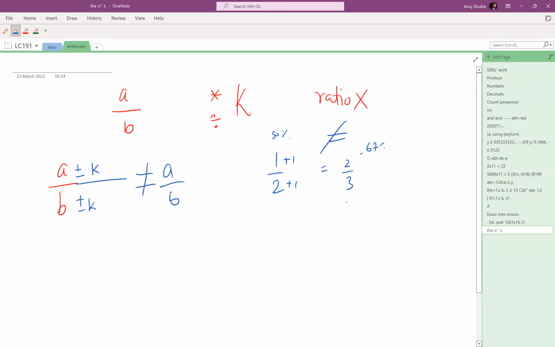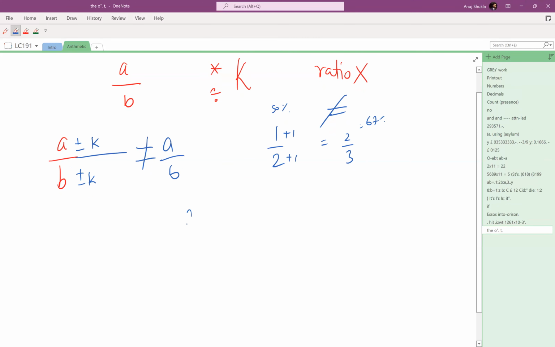So if you add or subtract any number from a given ratio, the ratio will not remain constant, provided there is one condition: if I add P and Q to A by B in such a way that P by Q is A by B, then the ratio will remain the same.